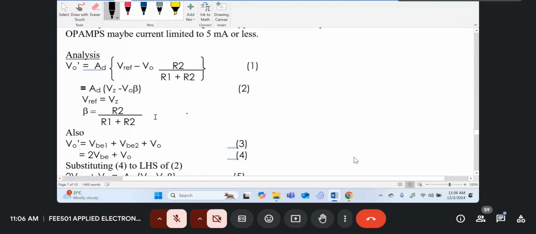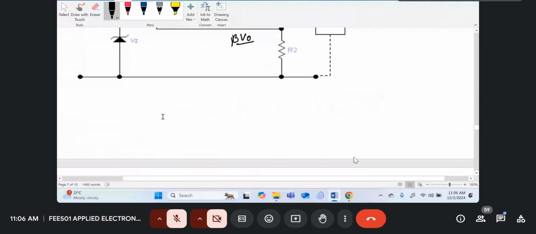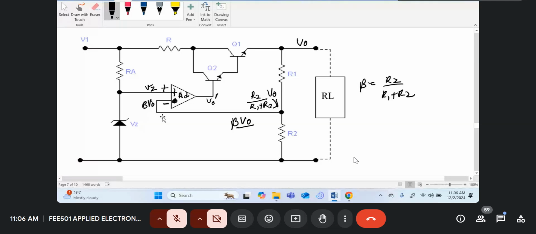Now also in this circuit, if the transistors are working, there will be a drop VBE, plus minus here, and another drop VBE, plus minus over there.